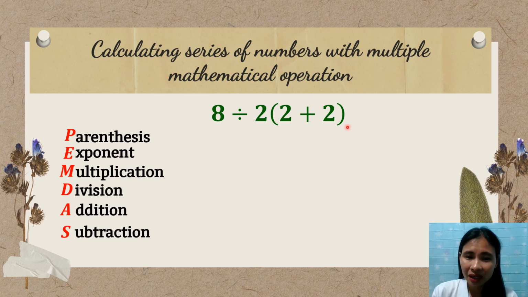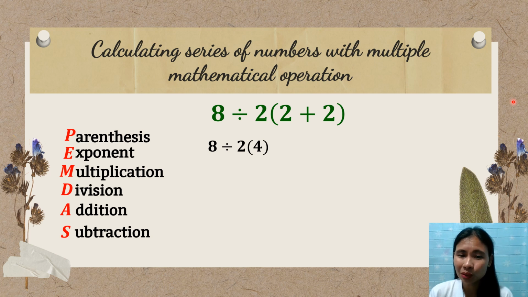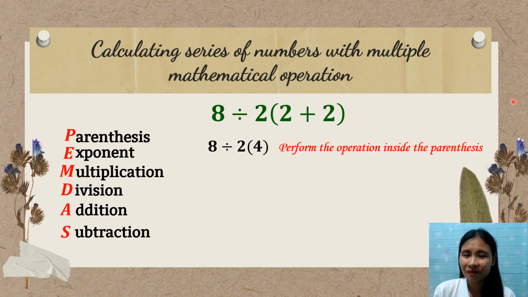Obviously, from the expression, it's very clear that we need to start with the expression inside the parentheses, which is 2 plus 2. That makes it 8 divided by 2 times 4. We perform the operation inside the parentheses first.